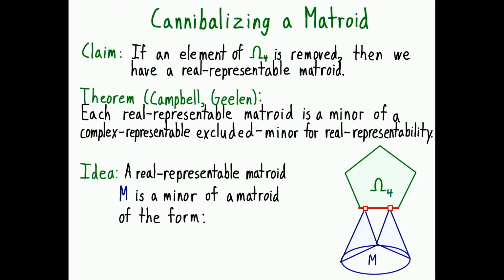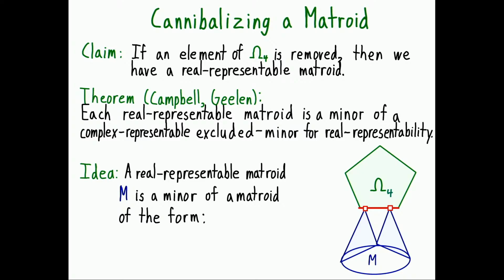And the idea is, for a real representable matroid, you can construct a complex representable matroid that doesn't contain omega 4, but with elements that point to these missing elements of omega 4.